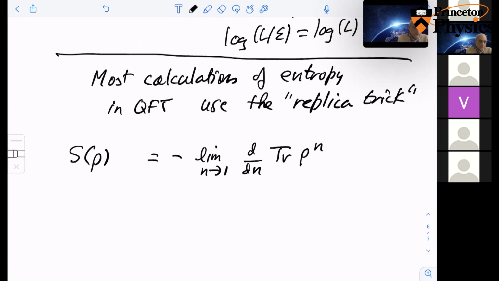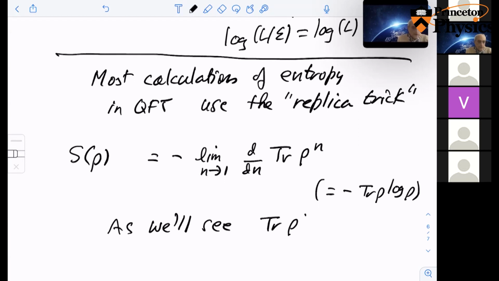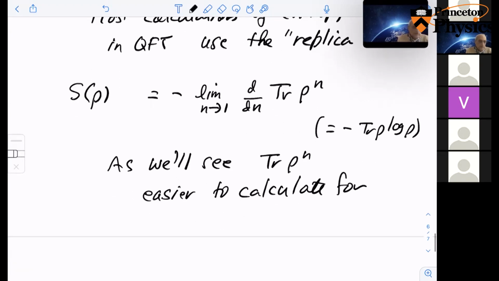Because if you take this derivative and limit, you'll find that the right-hand side is minus the trace of rho log rho. So as we'll see, trace rho to the n is much easier to calculate for integer n, positive integer n.